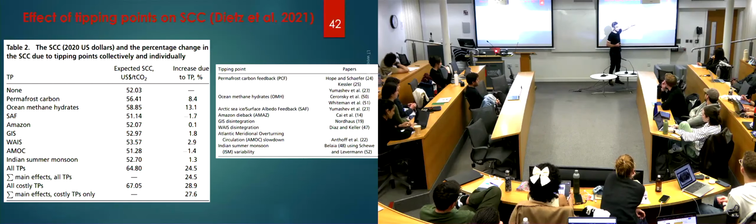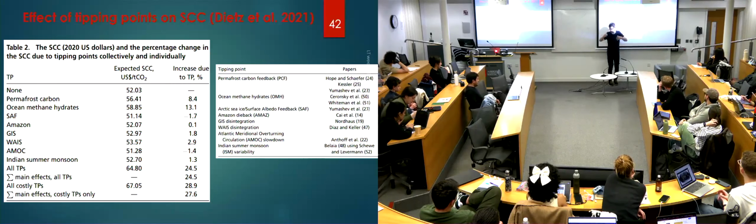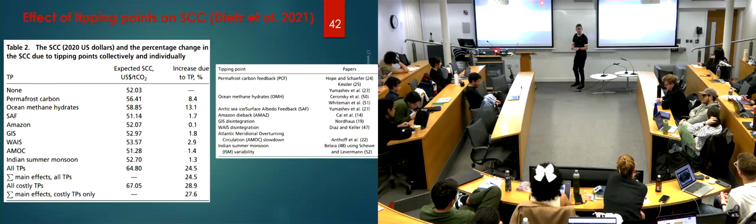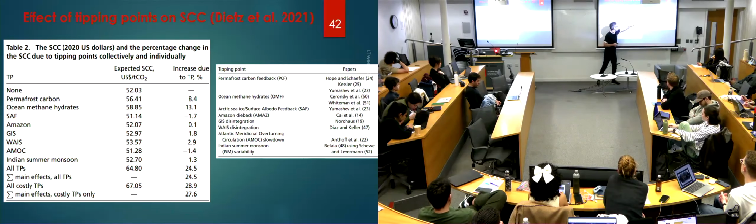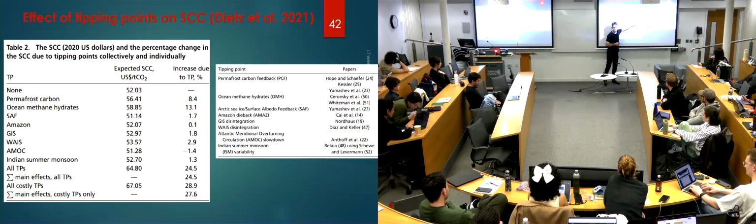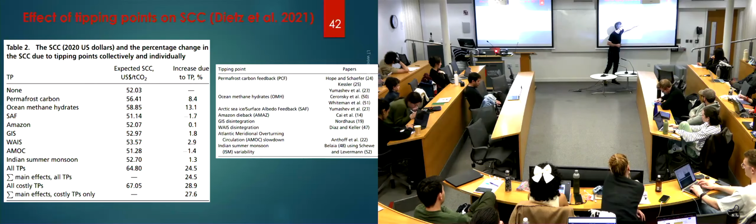The carbon price goes down because the standard model already has an albedo effect. They take that out because now they model a very particular albedo effect, and the timing of this albedo effect is such that it's lower. So don't interpret this as a desirable tipping point. It's not desirable, it's bad. But it has a small effect.